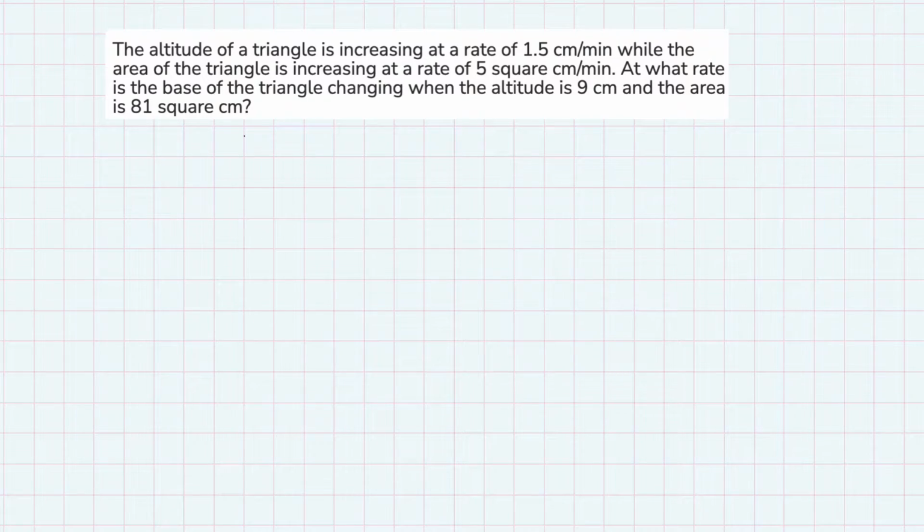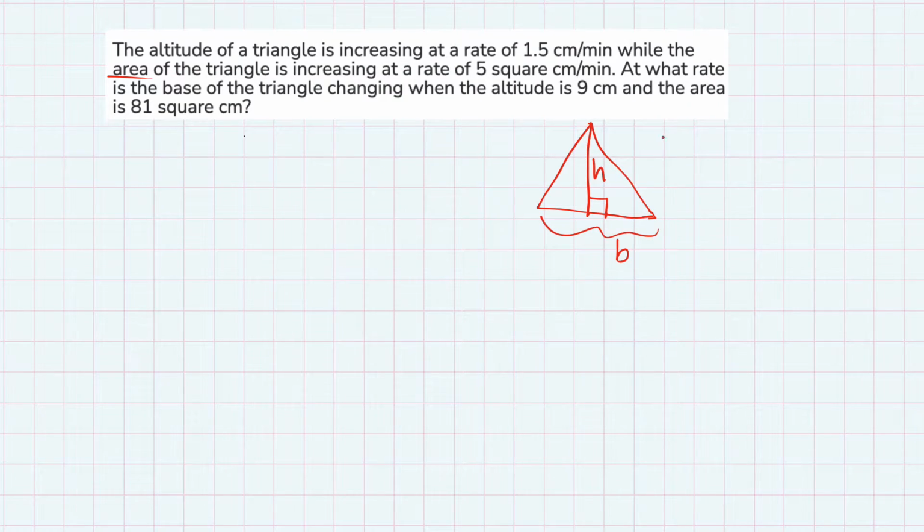So we don't have to draw a diagram, but let me just draw a generic triangle. So we have a triangle, then so that's 90 degrees, so altitude or height, and it talks about base as well, and it also says about area.